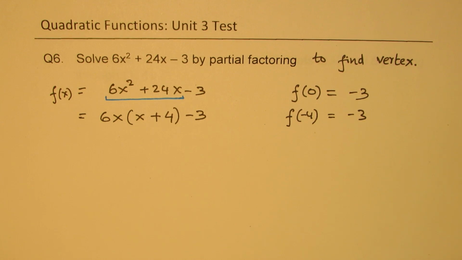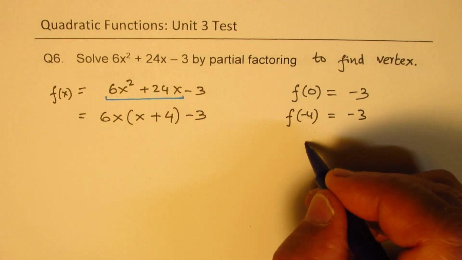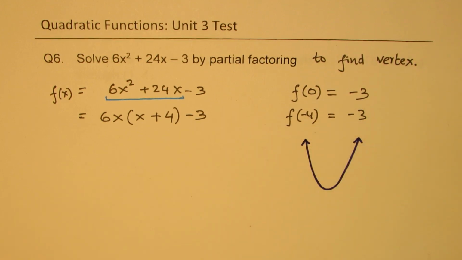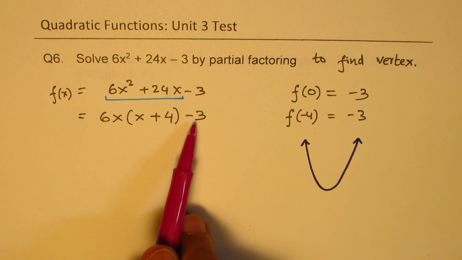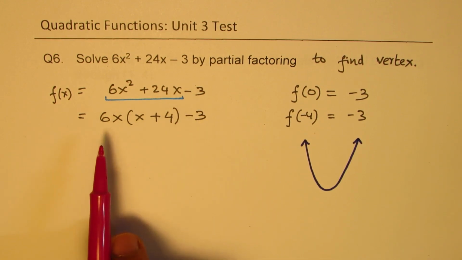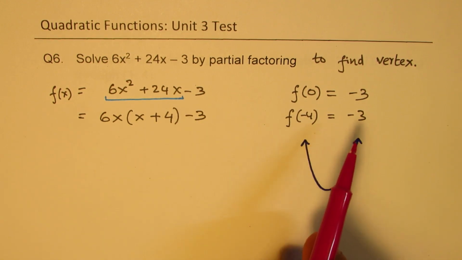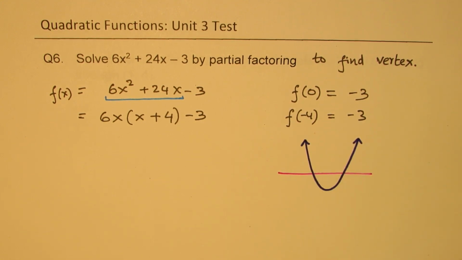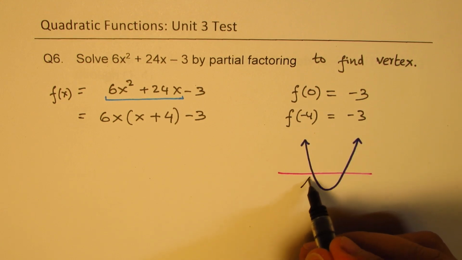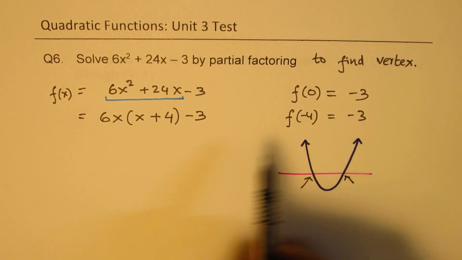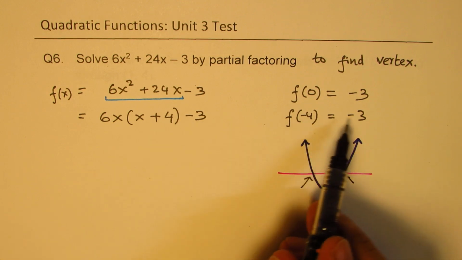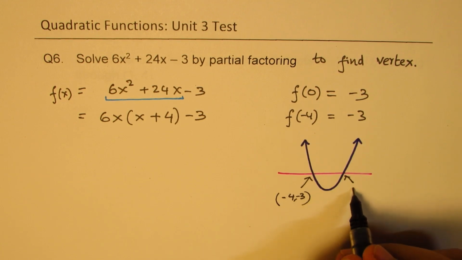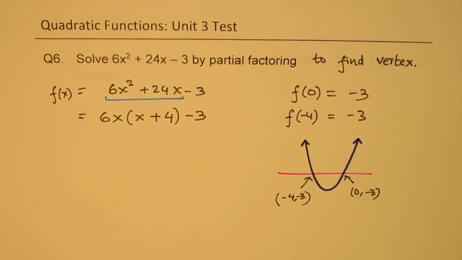So this parabola which opens upwards has the value of minus 3 at 2 points. These 2 points are at minus 4, we have a value minus 3, and also at 0 we have a value of minus 3.